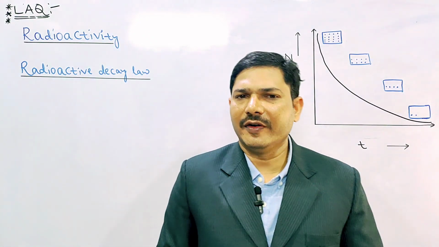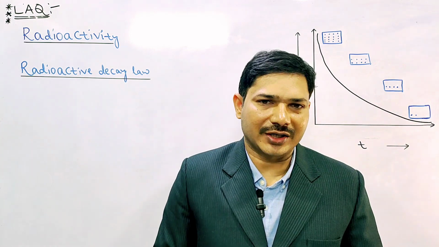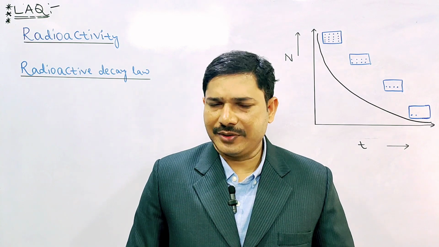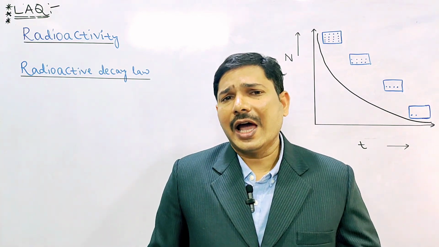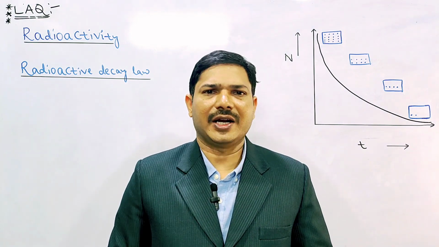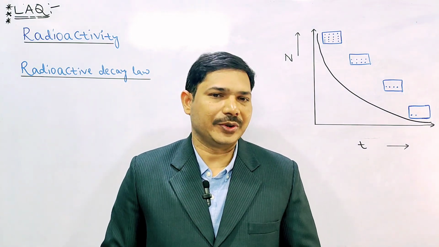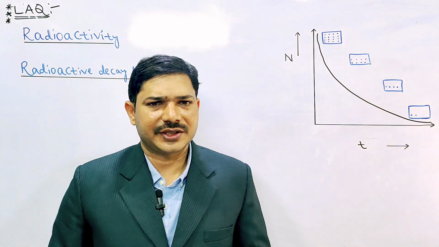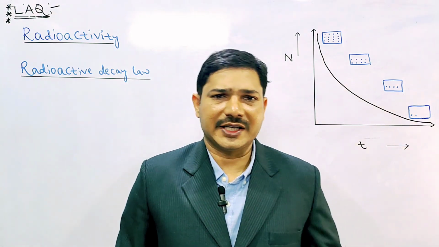First of all, we have to define what radioactivity means. So we know about alpha emission, gamma emission, beta emission. The heavier elements, with atomic number more than 82, for stability purpose emit alpha, beta, gamma rays spontaneously.